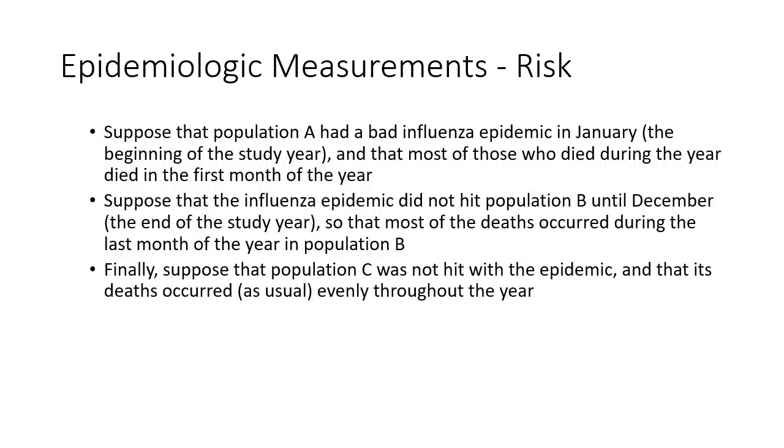So let's suppose that with population A, nursing home A, they had an influenza epidemic in early January. So their study period is going from January 1 to December 31st. In early January, they had all their mortality happen right in that first month. So 10% of those residents died, and then they stayed alive the rest of the time period. Okay.